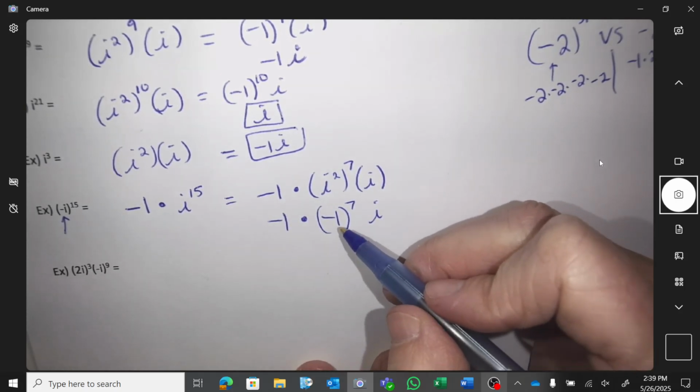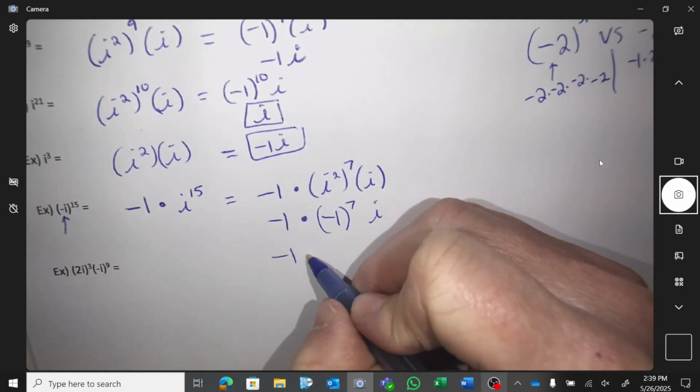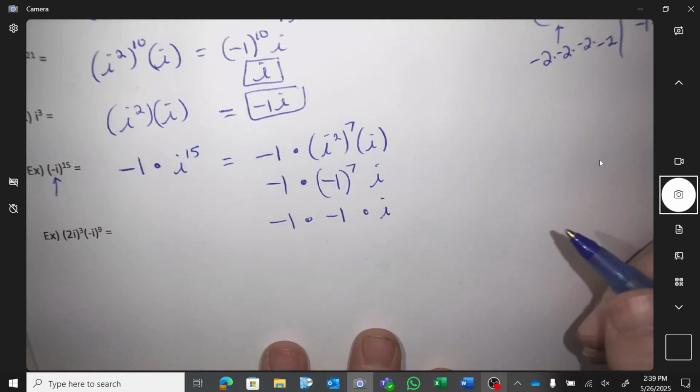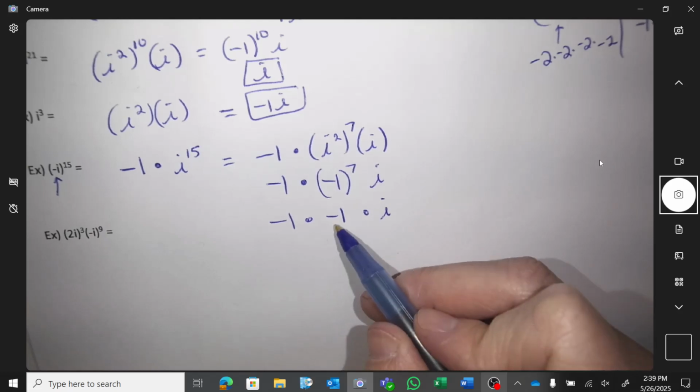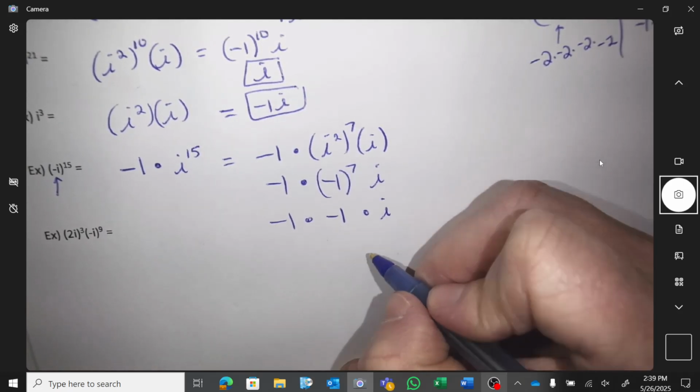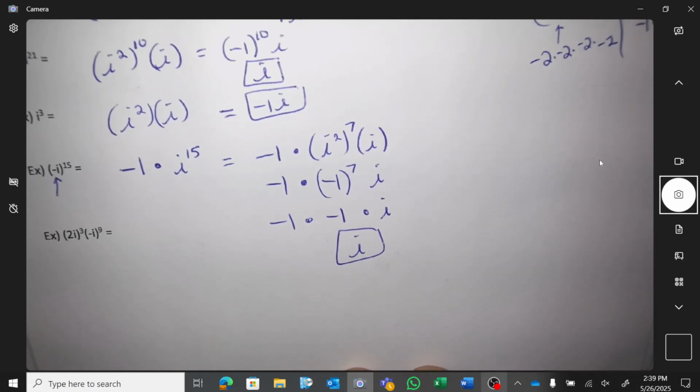What's -1 repeated 7 times? -1. -1 times that original coefficient, -1, +1. So 1i is your answer.